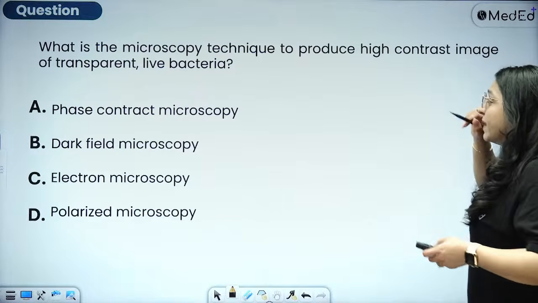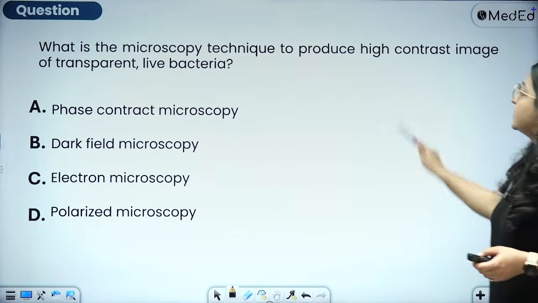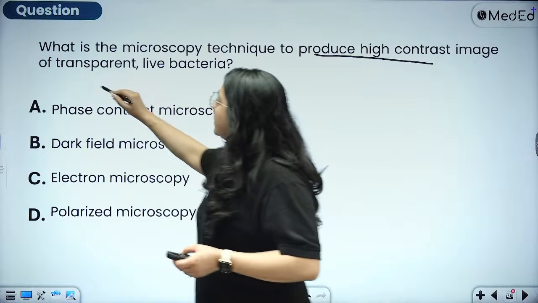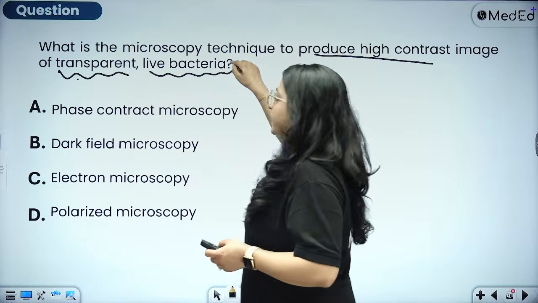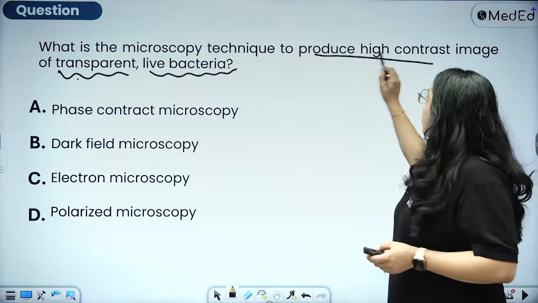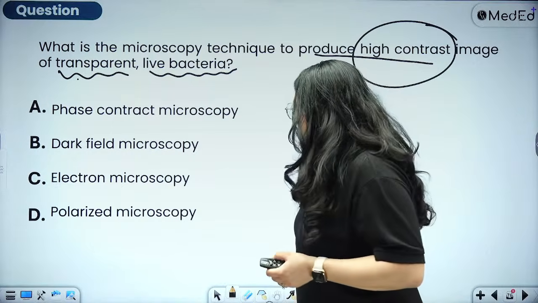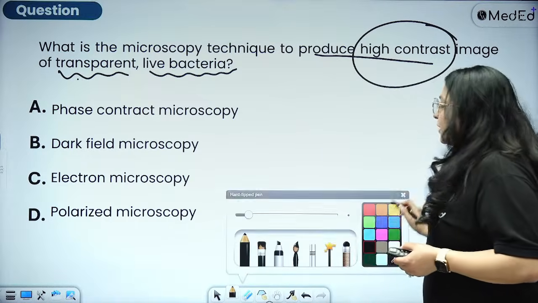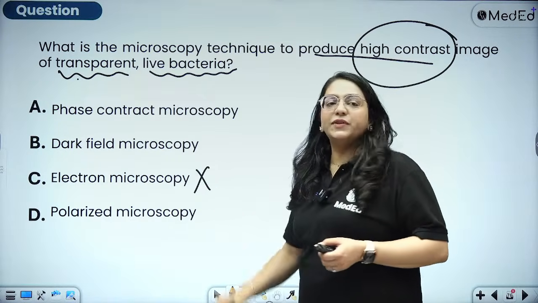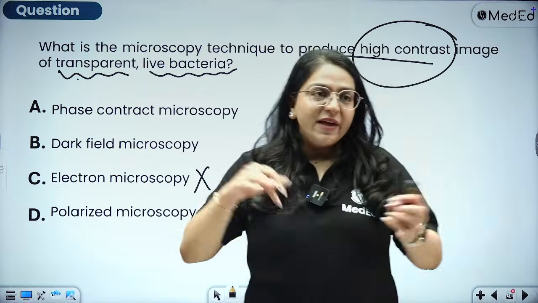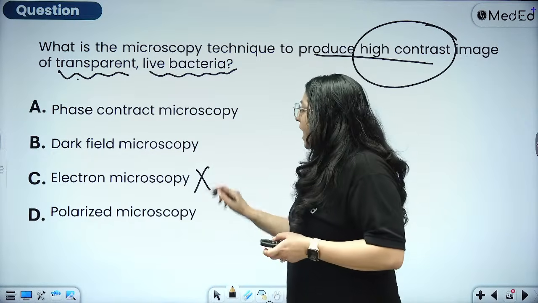What is the microscopy technique to produce a high contrast image of transparent live bacteria? Come on. Best contrast is achieved by which of the following? Electron microscopy? No, definitely not the best contrast image, very black sketchy images. Dark field microscopy?